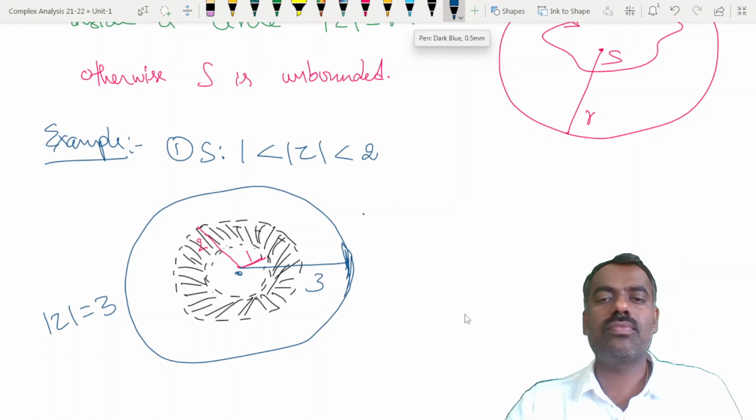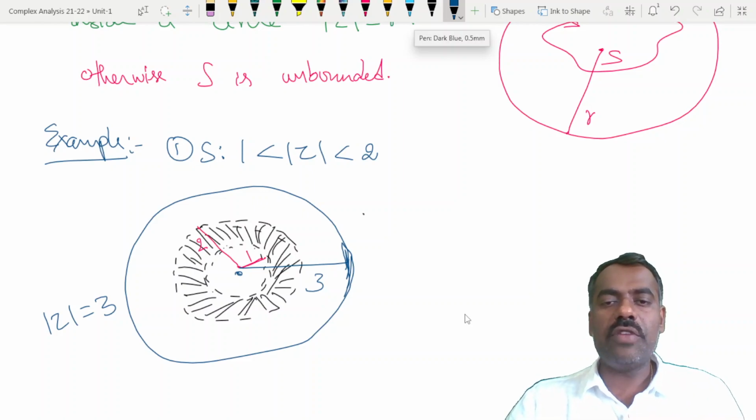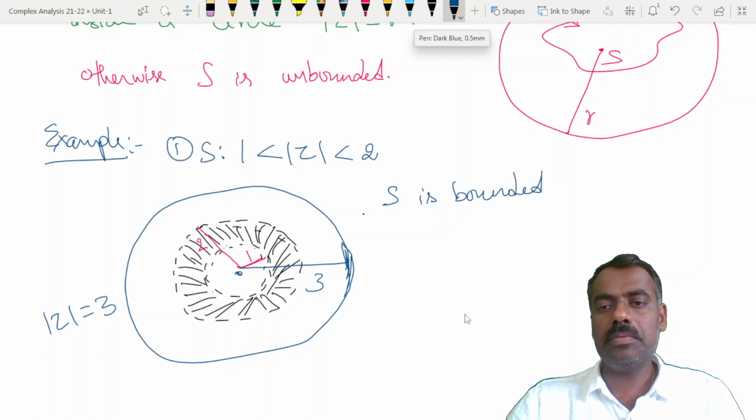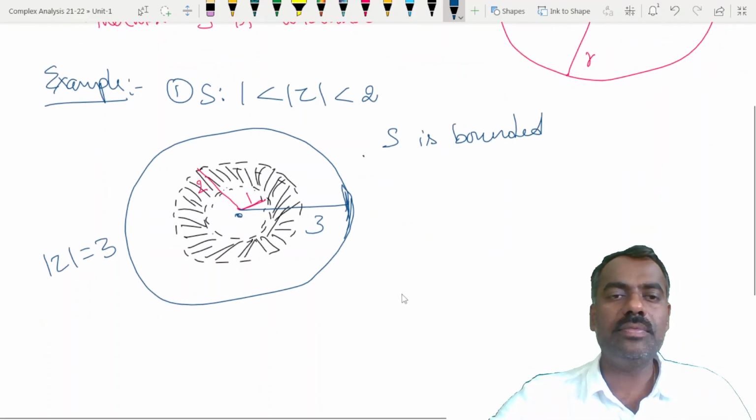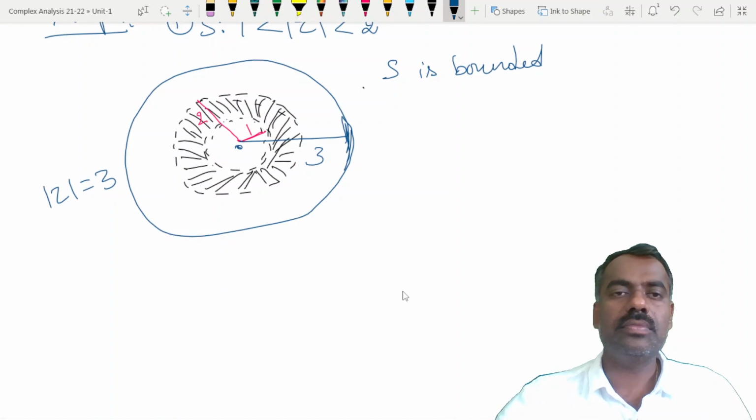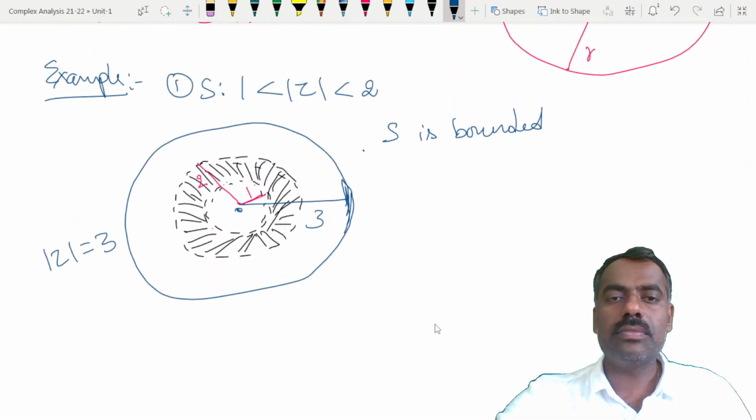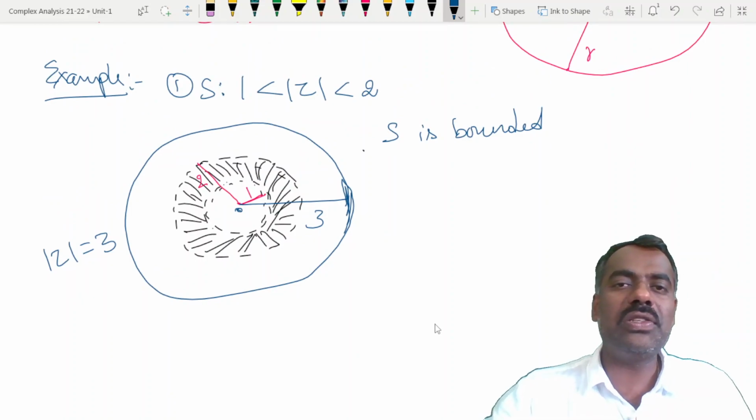Therefore, this S is bounded or not? Is that clear? Any problem? Anyone having doubt? Even you can take mod Z is equal to 2. That is also more than sufficient.